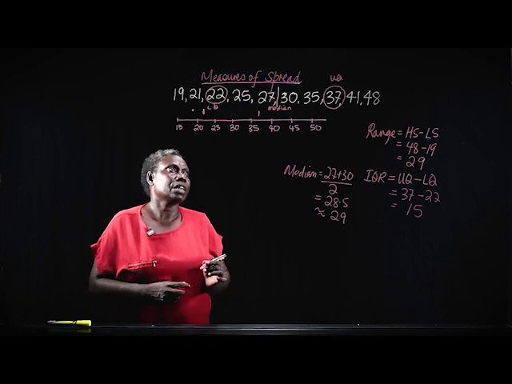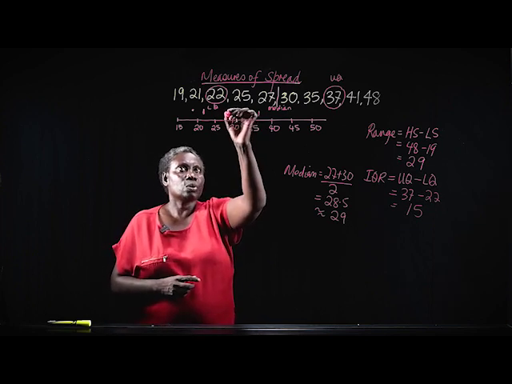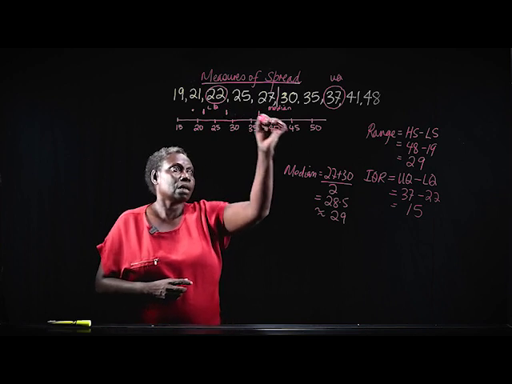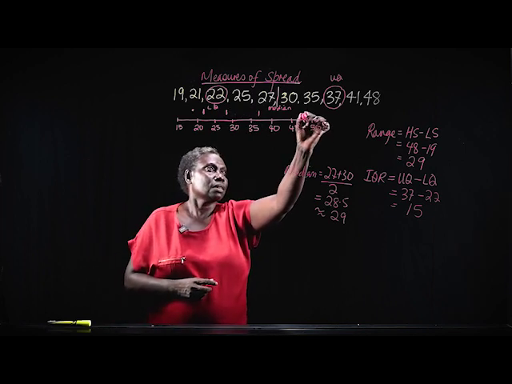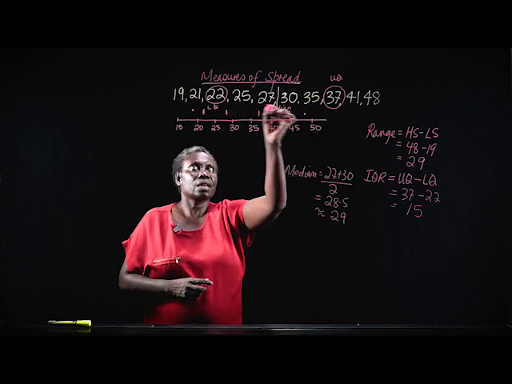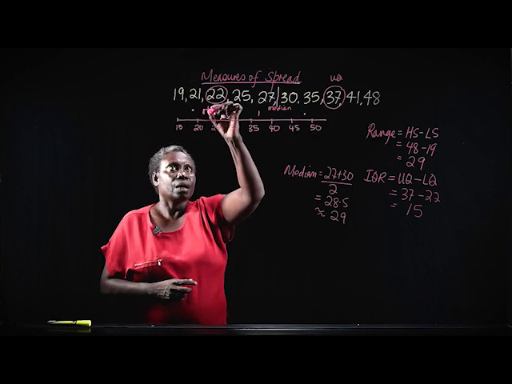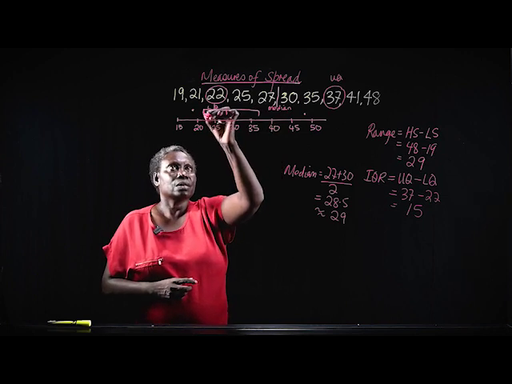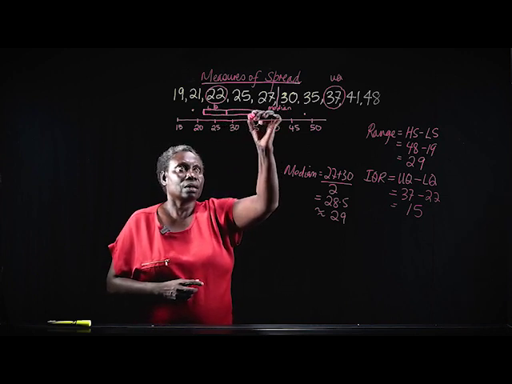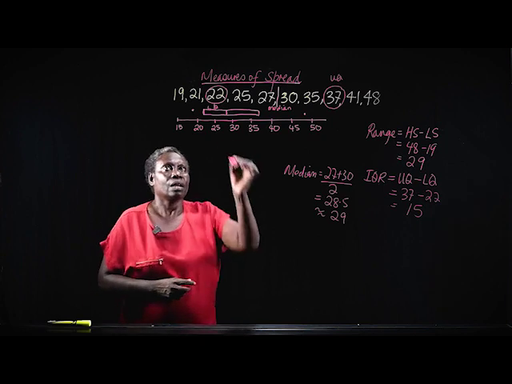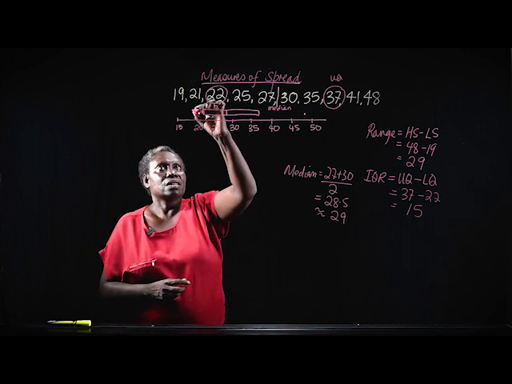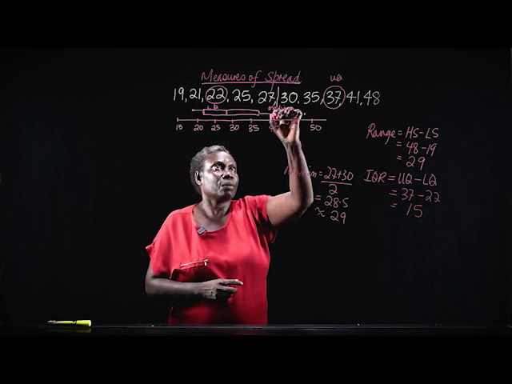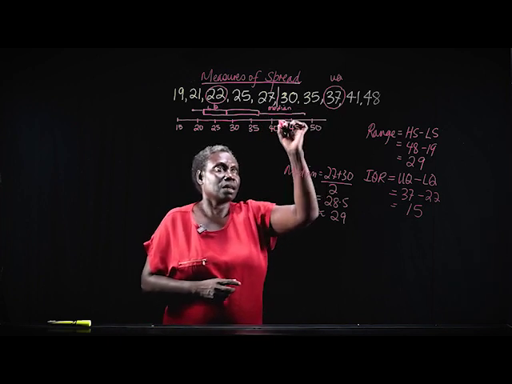And then the median, 29, is somewhere around here. The highest score is 48, somewhere here. Then I draw a little box, and I join this by a whisker to the box, and then a whisker to the highest score.